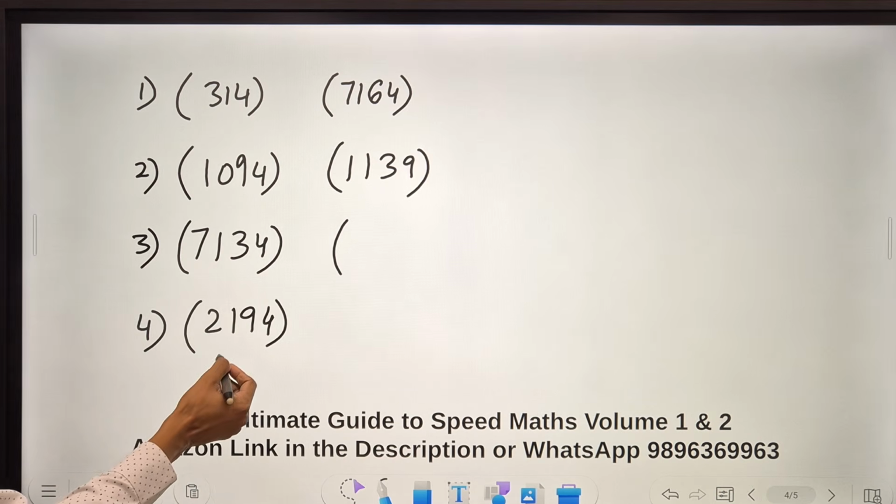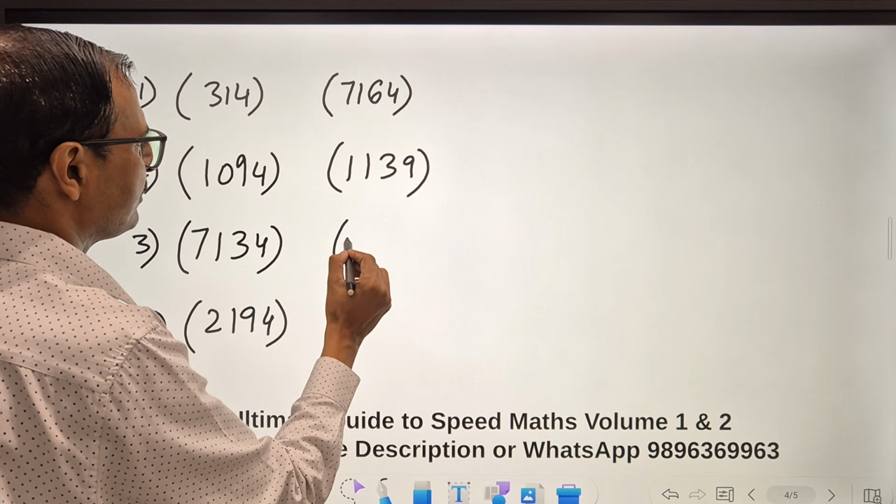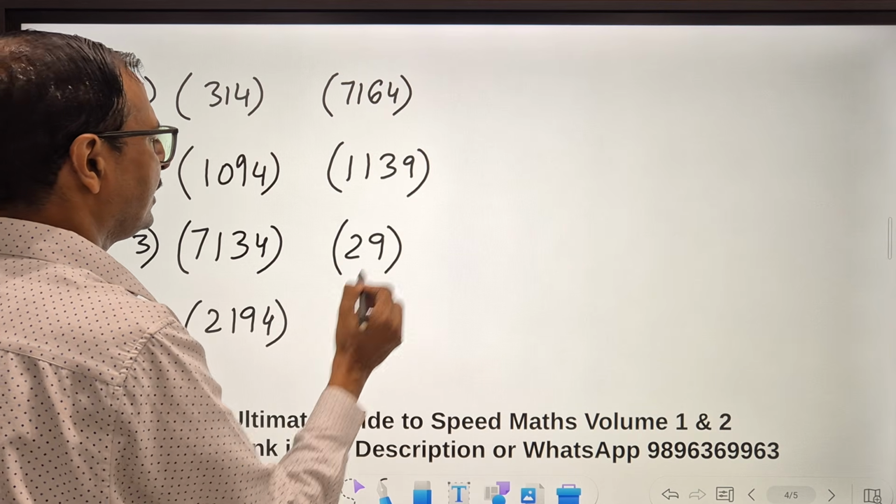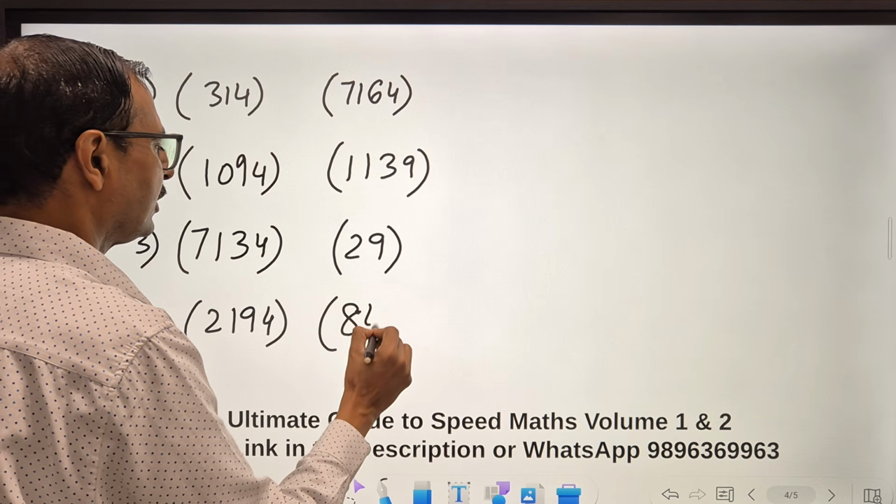I have taken all 4s, so we can take some more examples like 29 and then 84.